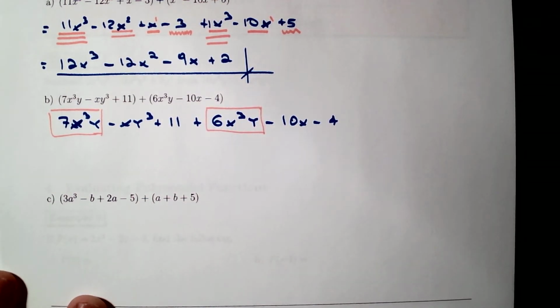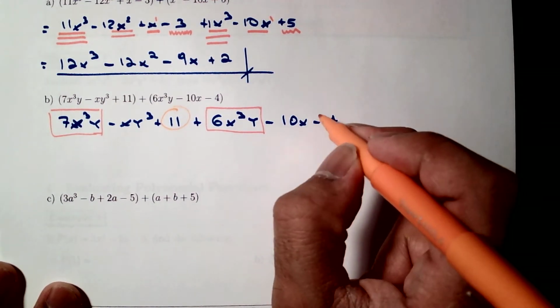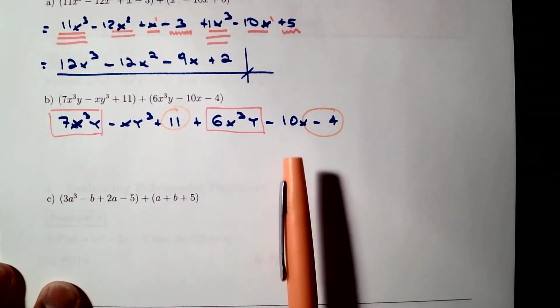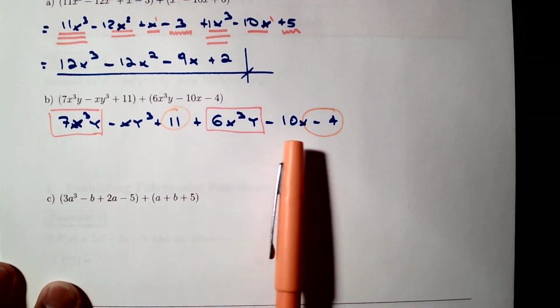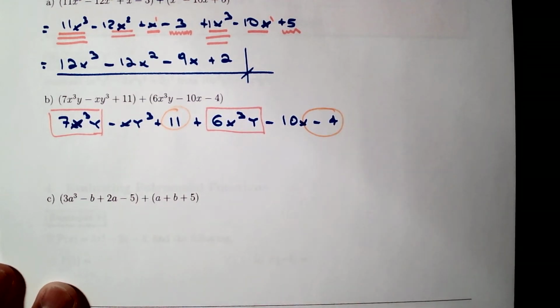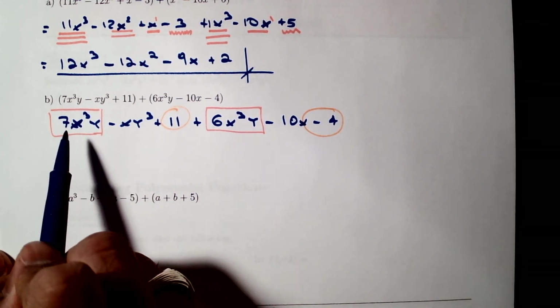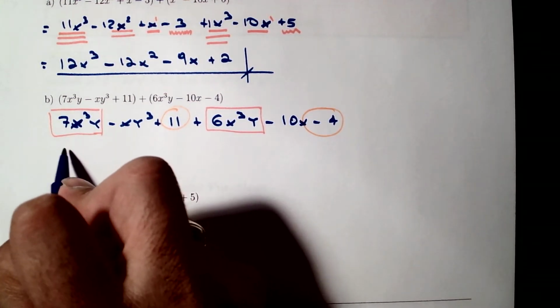Do we have other kinds of like terms? The only other like terms are the 11s. I'm going to circle the 11 and the negative 4 with orange. Notice I have negative 10x, but I don't have another term that has only x. I have this xy cubed, but I don't have any other xy cubed terms. So the only ones we combine are the ones inside the box. 7 plus 6 is 13.